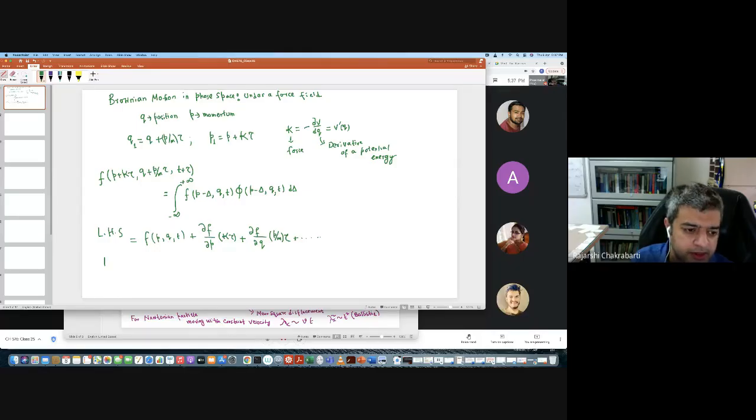The right hand side you can also write as follows, which we have done several times.